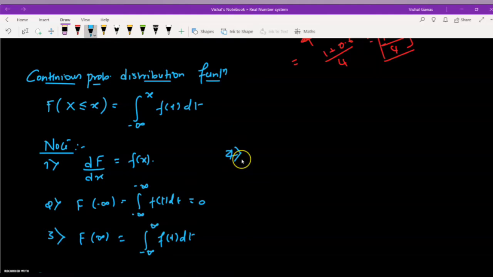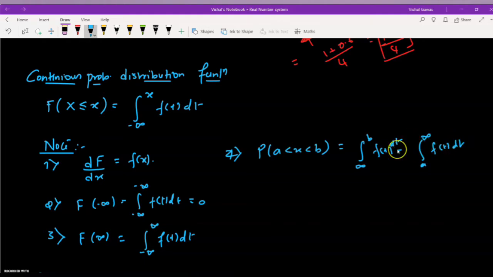Fourth one rather, whenever we're going to find the probability of A less than X less than B, you get this from minus infinity to B, then you get f of t from minus infinity to A, some use of results from integration. So let's look at that.